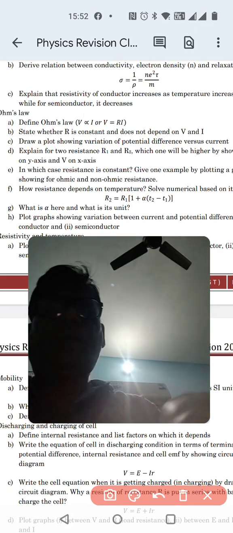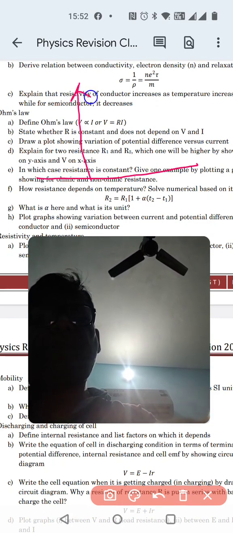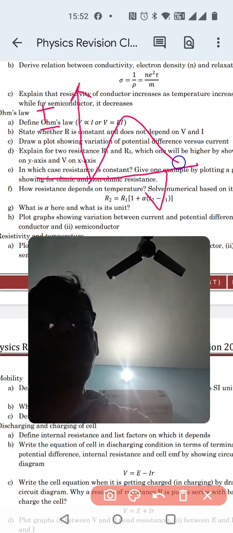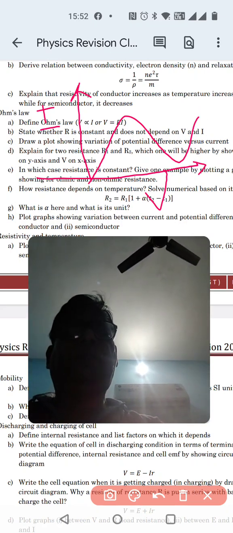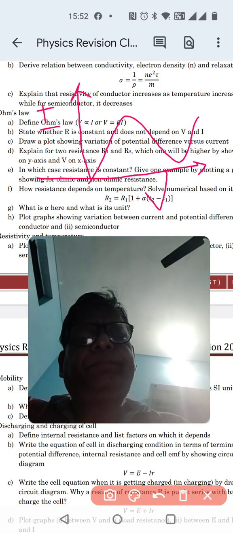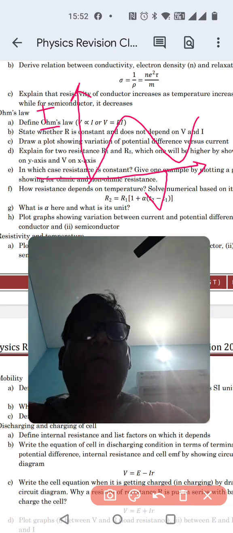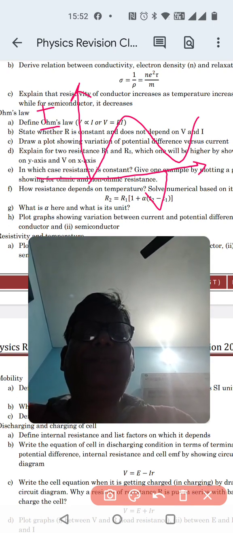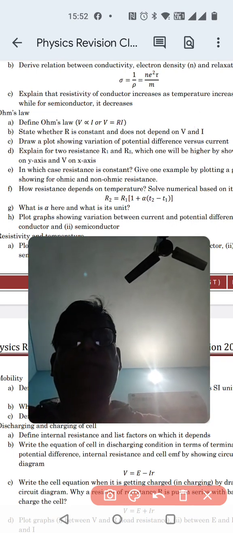Okay. For IV, plot current versus potential difference like this. For GAAF, so gallium arsenide, this resistance temperature coefficient for semiconductor is negative.